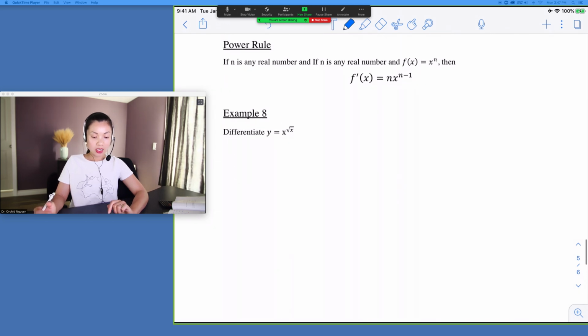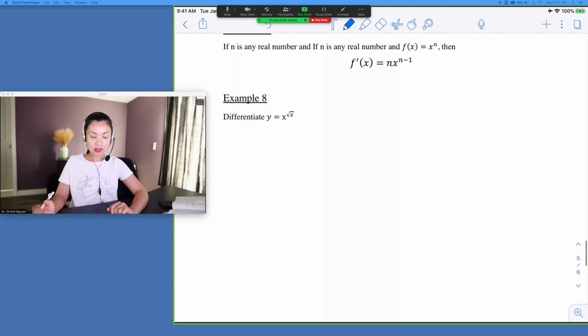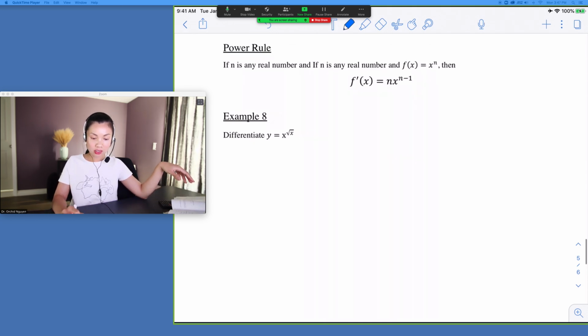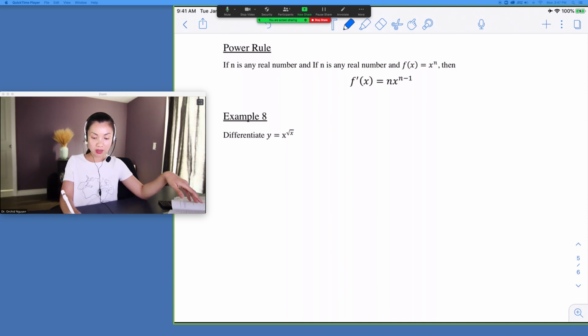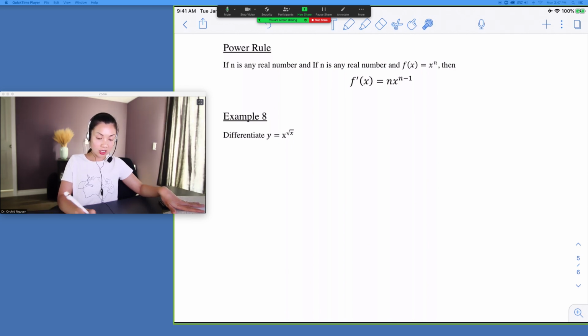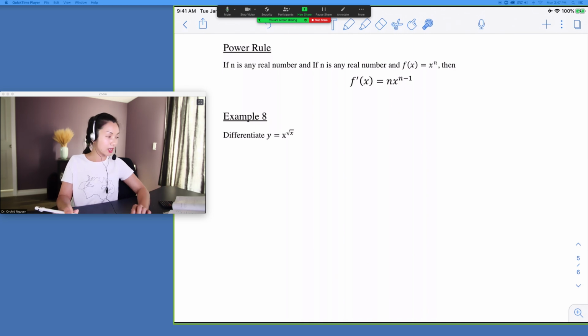All right, now let's take a look at number 8. You see right here, this is just the power rule we pretty much learned from the beginning. Now, when you have something like this, x to the square root of x, is a function within a function, so we're going to apply the log.